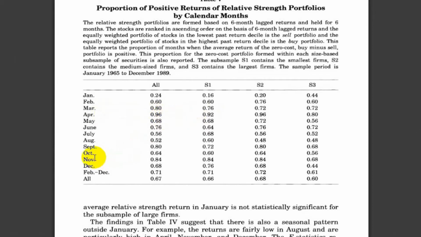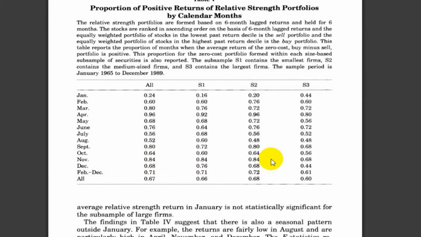And similarly, in November and December, when performance is good, it may be due to window dressing or tax considerations, where the portfolio managers sell their losing companies in order to buy the winning companies, in line with the relative strength strategy.